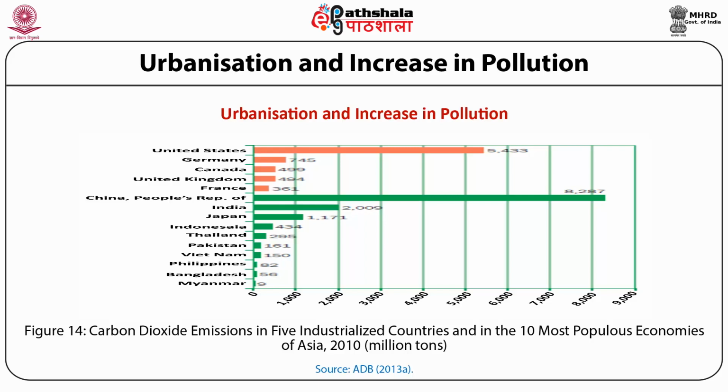These trends can be observed from figure 14. Both India and Japan emit a higher tonnage of carbon dioxide than Germany. These emissions contribute to global climate change, which is expected to have particularly severe impacts in parts of Asia and the Pacific.